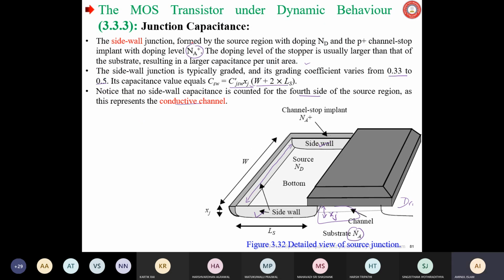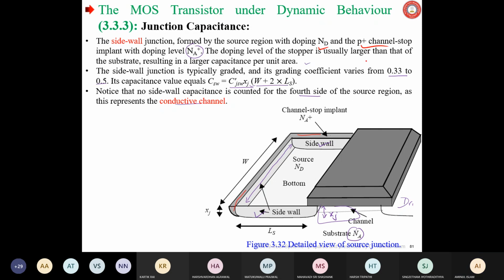The sidewall junction is formed by the source region with doping Nd and the P plus channel stop. This gray colored region is the channel stop. It is not lightly doped P type, rather intentionally it is P plus type.